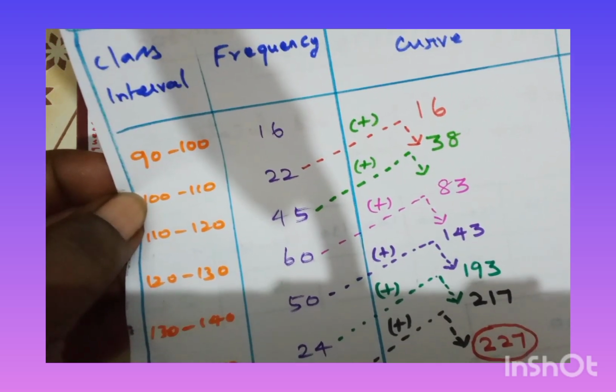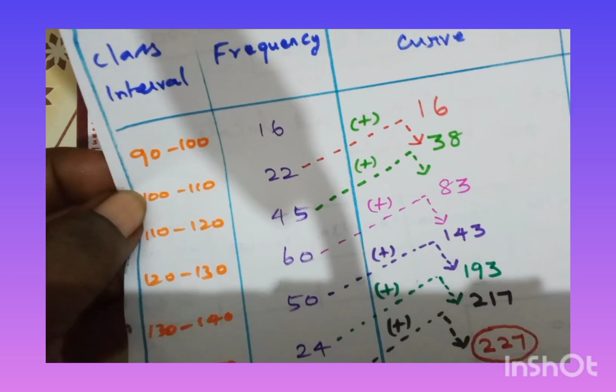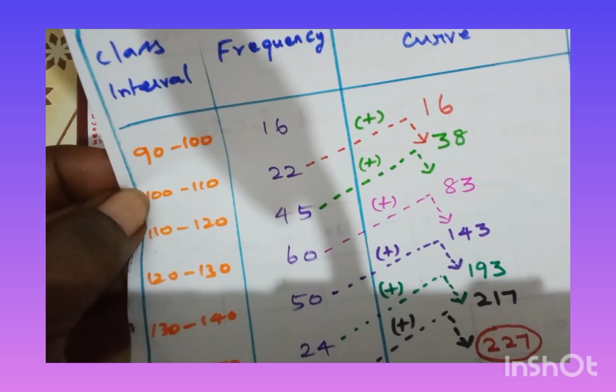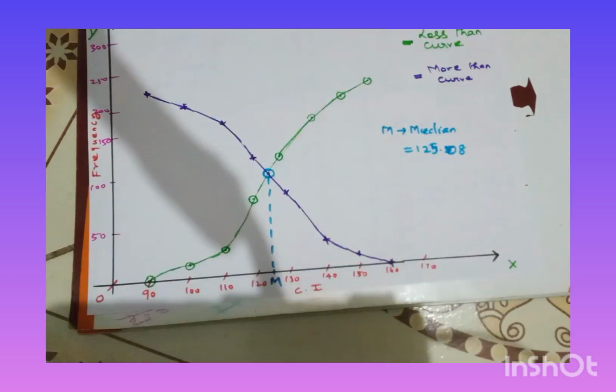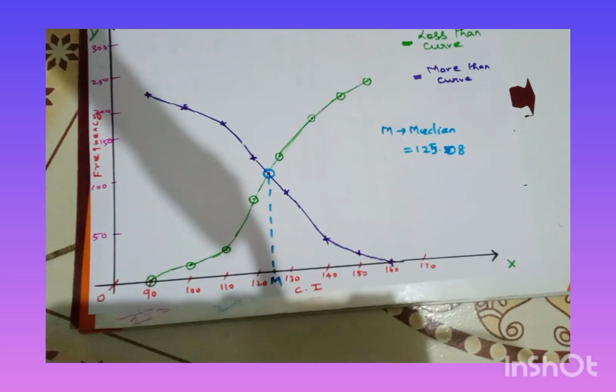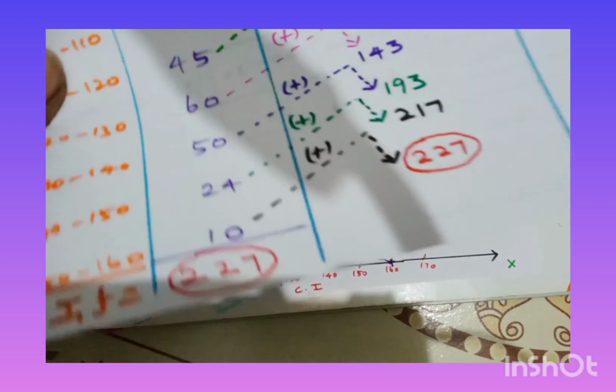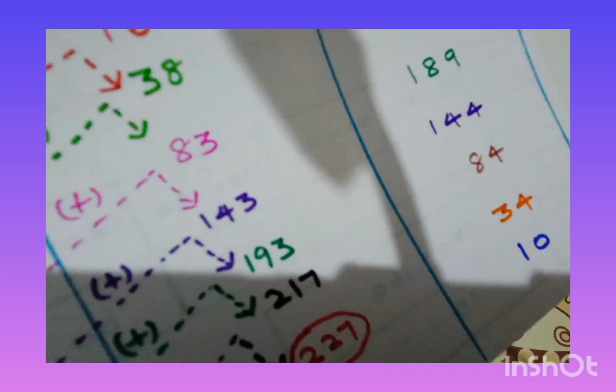Here, for the more than curve, consider only the lower limit of each interval except the last interval, isn't it? So for 100, you can take 211. For 110, 189. 120, 144. 130, 84. 140, 34. For the last interval, 150, you can take that value, that is 10.